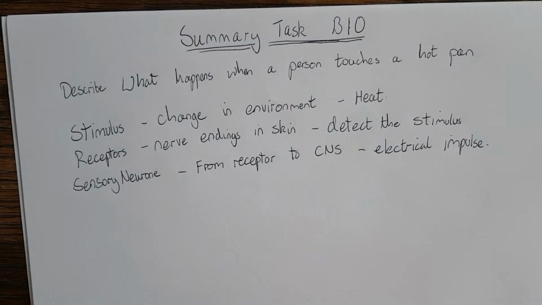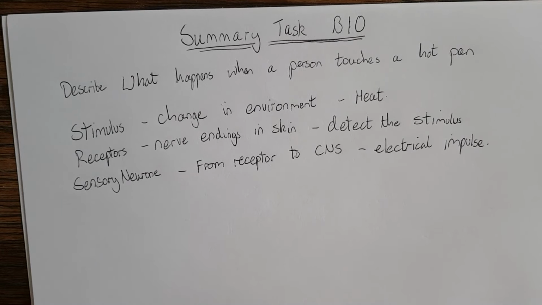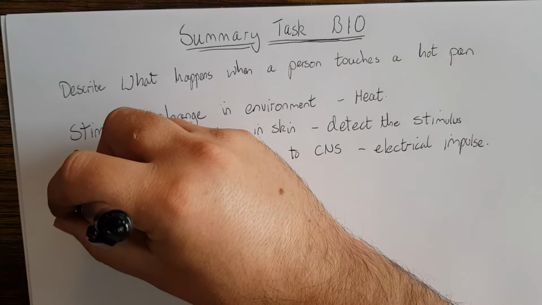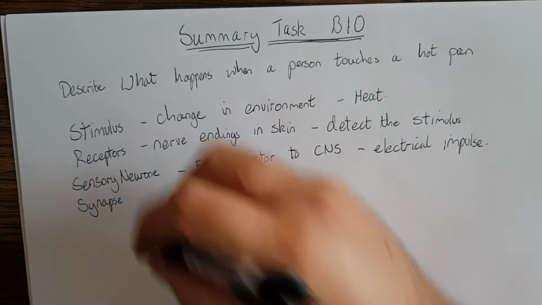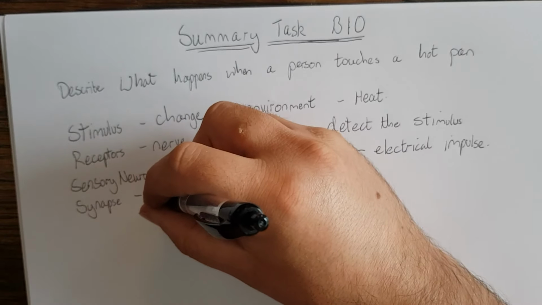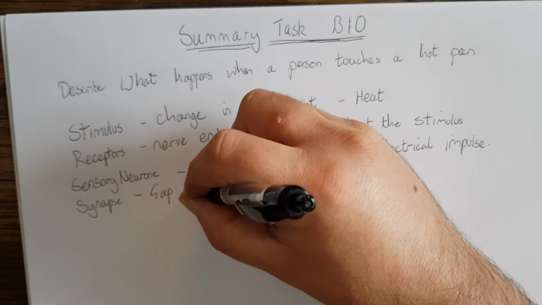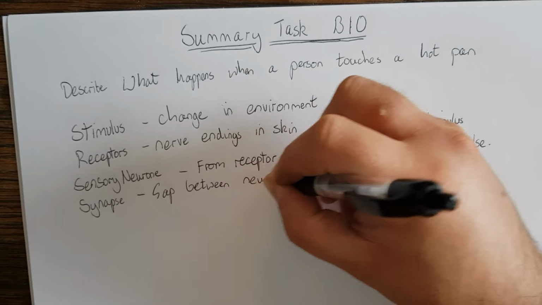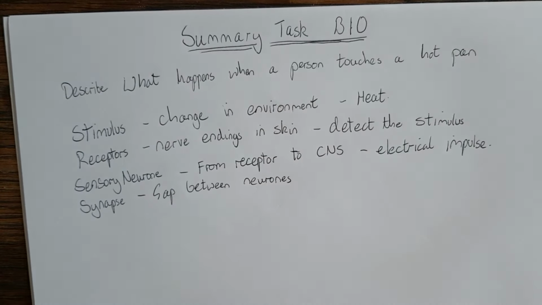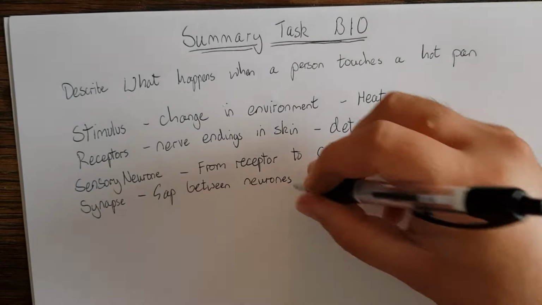When it gets to the end of the sensory neuron, it needs to go to the relay neuron, but it has to cross via a synapse. So the synapse is the gap between neurons. And it's going to go across as a chemical message.